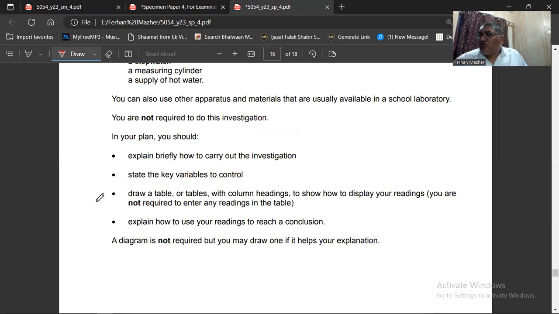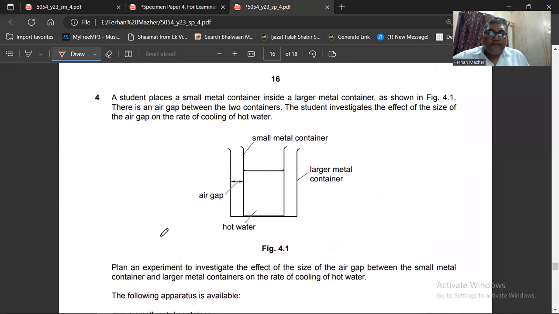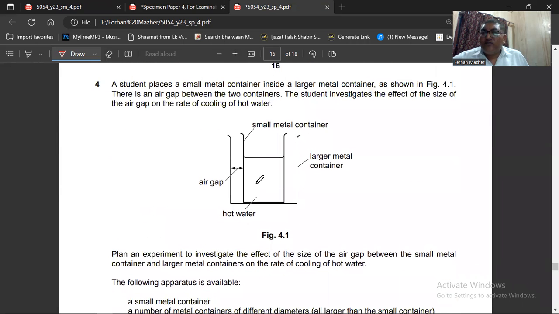Okay, so what we will do, you take a small container and you take a large container. Place the small container in the larger container, and take the hot water and put it in a measuring cylinder. Note down a specific volume, for example 300 cm cubed, or 200 cm cubed. Every time you will take the same volume of hot water.